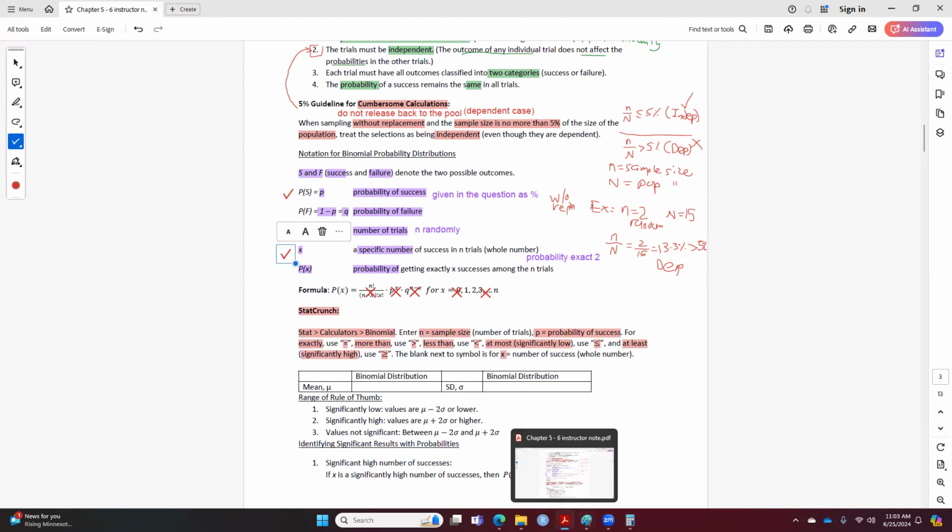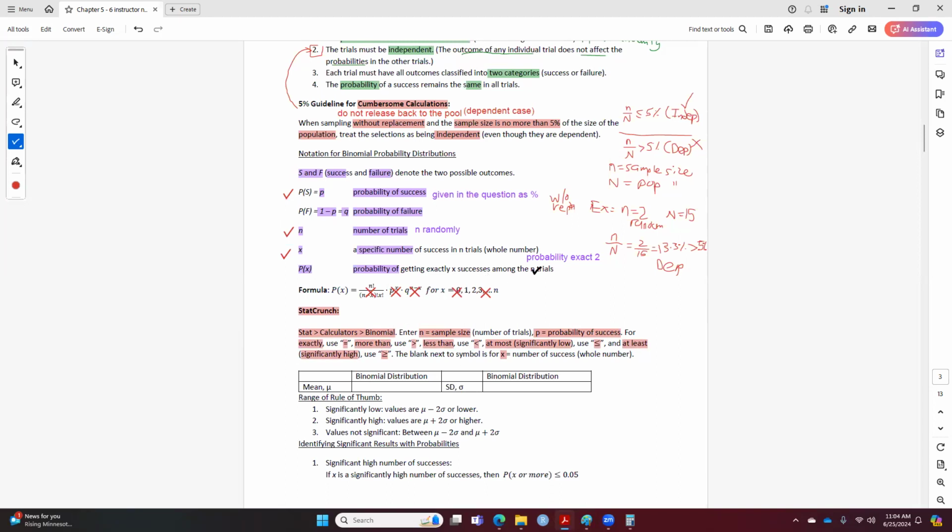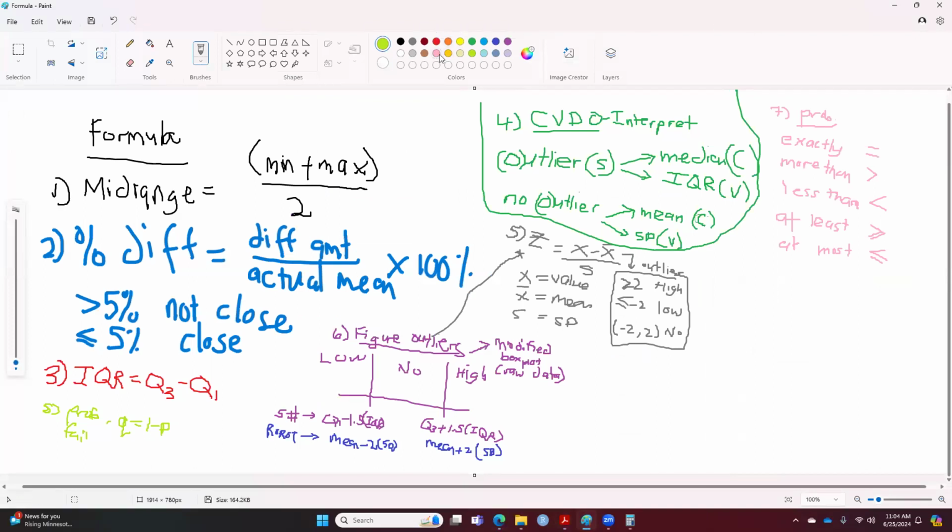It's very similar to what we just did here. You remember these are the 5 symbols we have, and this 2 next to it is your X. And where do you get your X from? After the word probability. I'm going to add a little bit more to this list because we have the word at least.